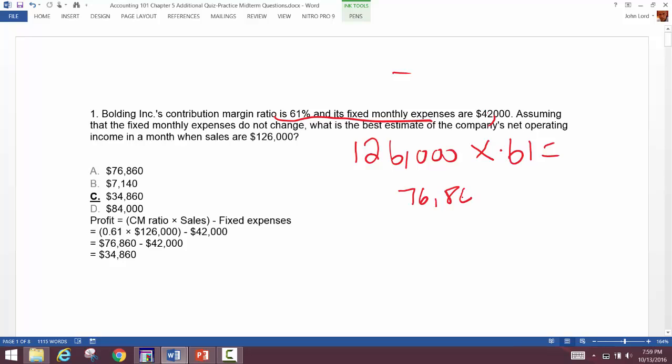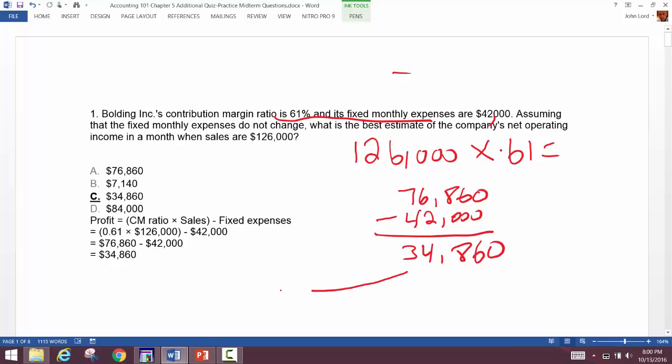I know the answer is there, but I'm doing it in slow motion by writing it. So that gives me 76,860, and then they tell me that their fixed expenses are already 42,000. So I take that difference, that gives me $34,860 of profit that's left over when I have sales of 126,000, using the contribution margin ratio for that one.